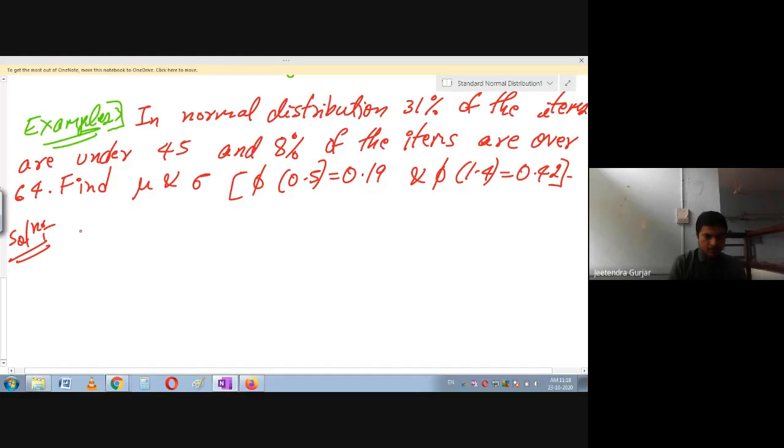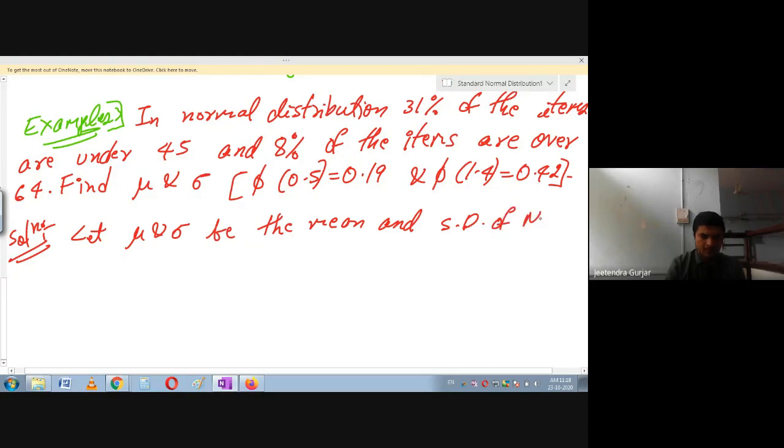So we'll start now. Already you know, mu and sigma are the mean and standard deviation. SD is nothing but the standard deviation of the normal distribution.